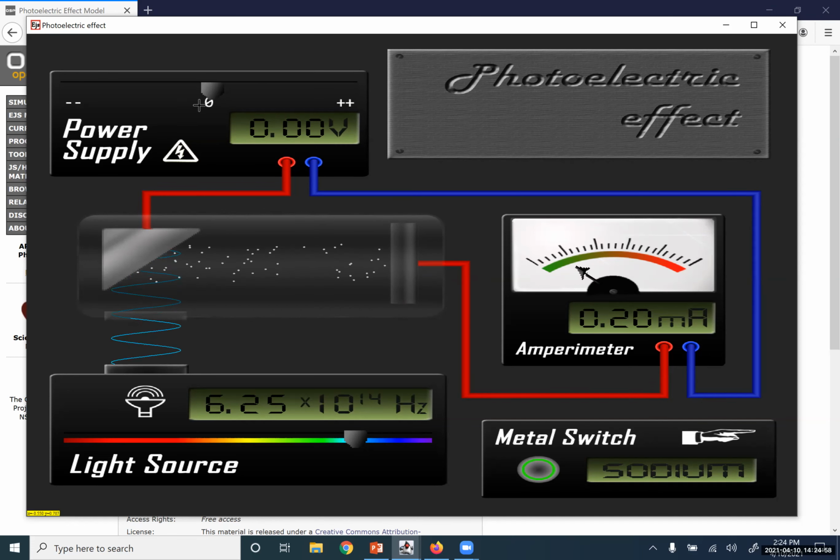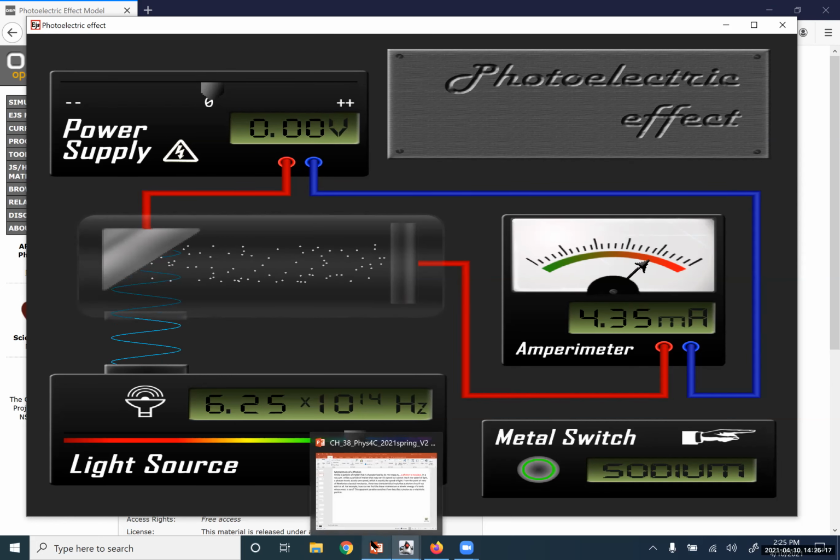You can change both of these. Based on that, you can see how much photoelectric current is passing through the circuit for a given value of the applied frequency. You can play with that.